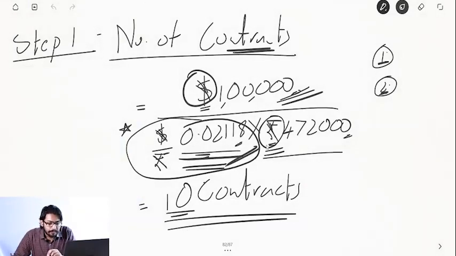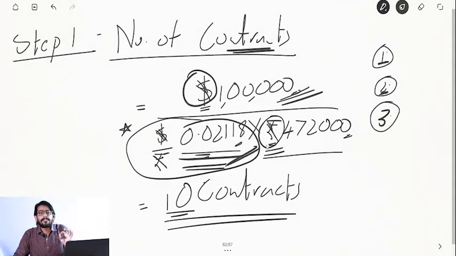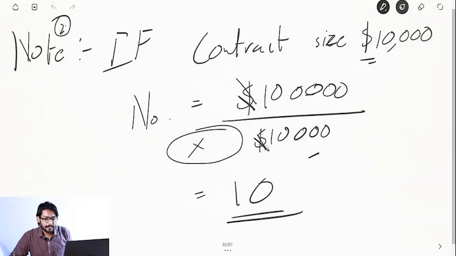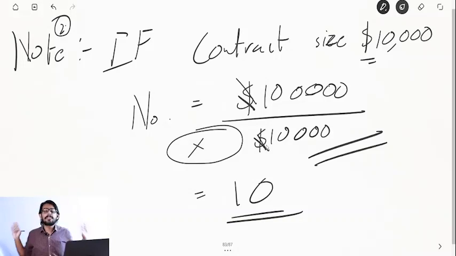Point number 3: if the contract size was also given in dollars, then this would have been easily over like this. So, 3 points. Step 1, number of contracts. Why number of contracts? Because futures is involved, and they have given you the contract size.